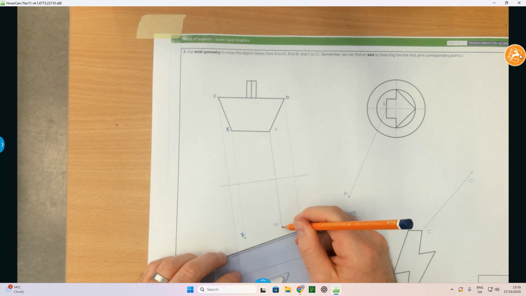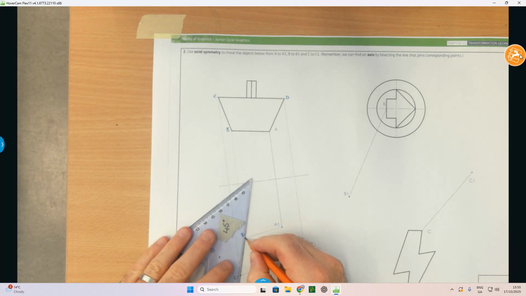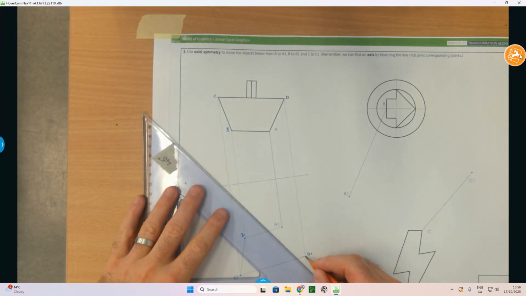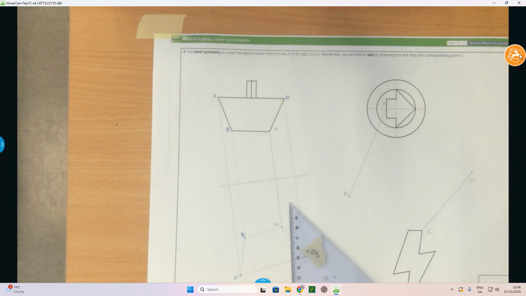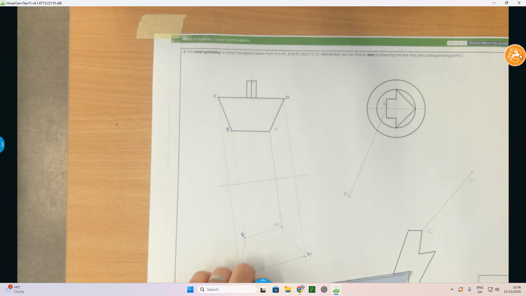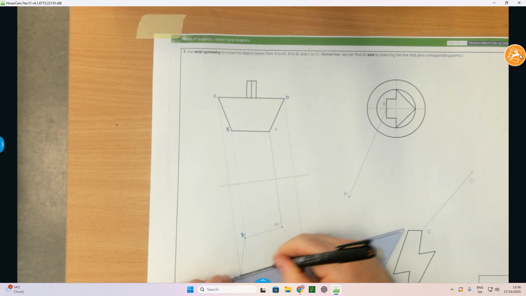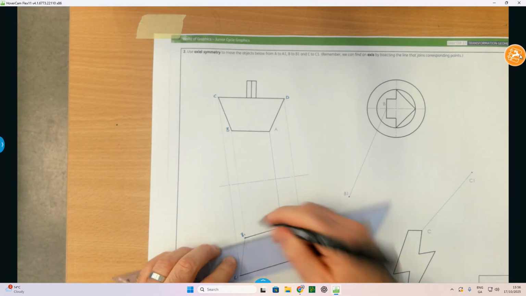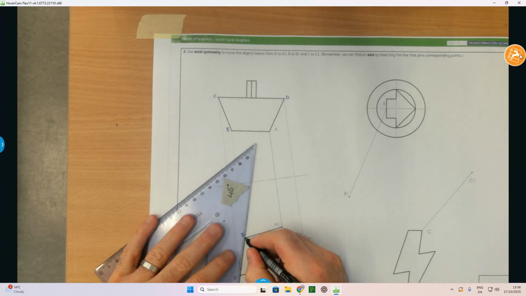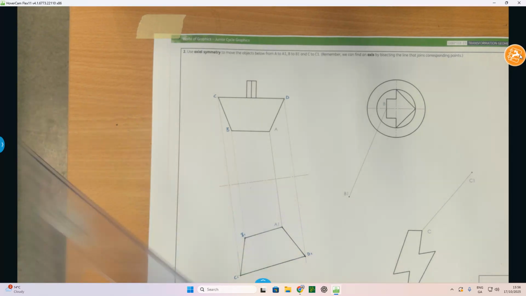I know A connects to B, B connects to C, C connects to D, D gets back to A. Now I'm just going to get my marker to heavy it in, and you can see it's standing out a little bit more. So I've got the bottom portion.